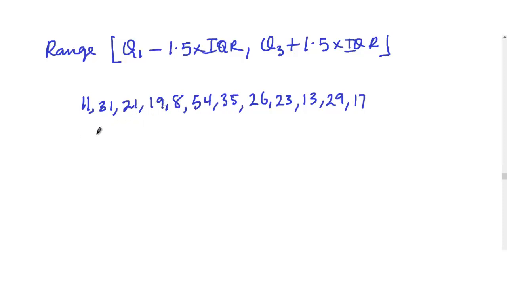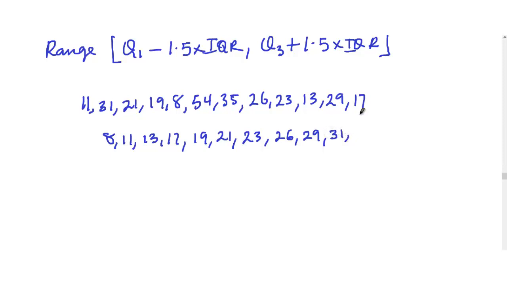So arranging it, we have 8, 11, 13, 17, 19, 21, 23, 26, 29, 31, 35, and 54. How many numbers? 1, 2, 3, 4, 5, 6, 7, 8, 9, 10, 11, 12.